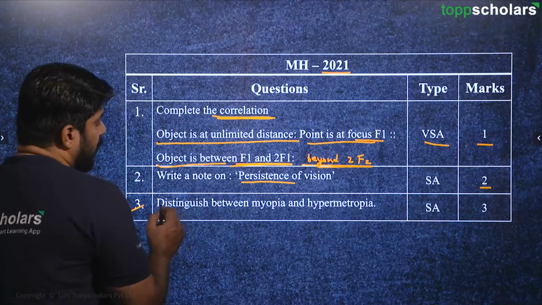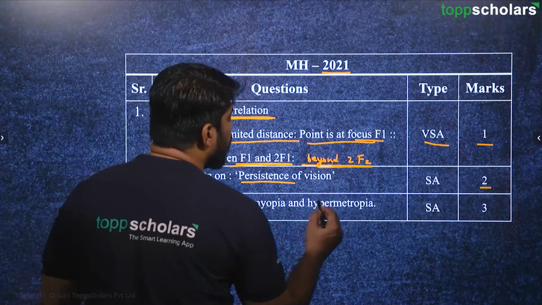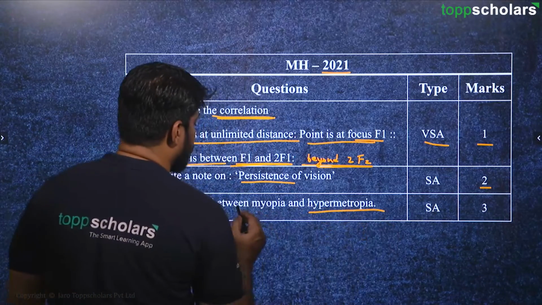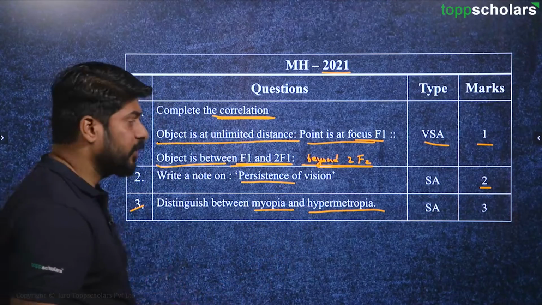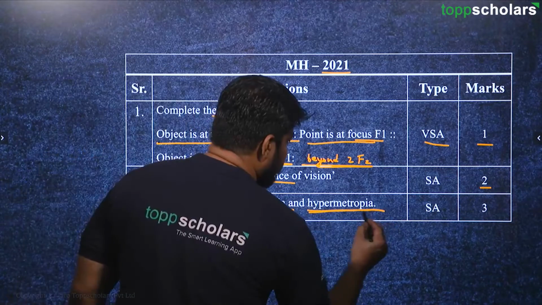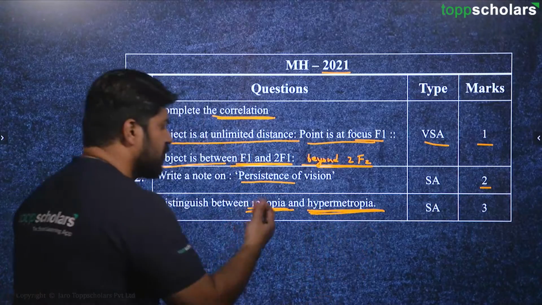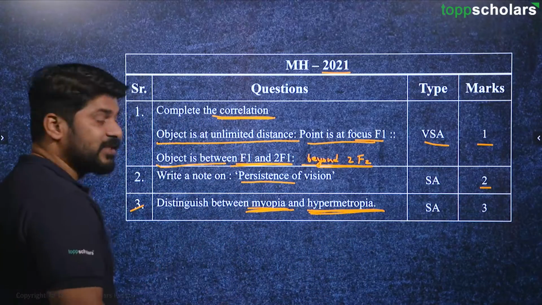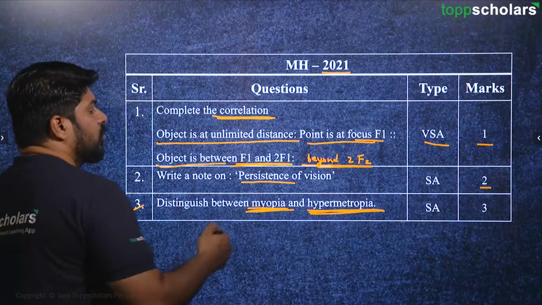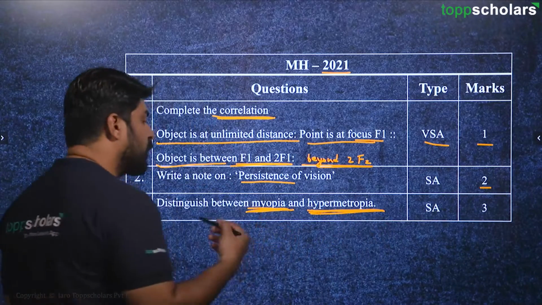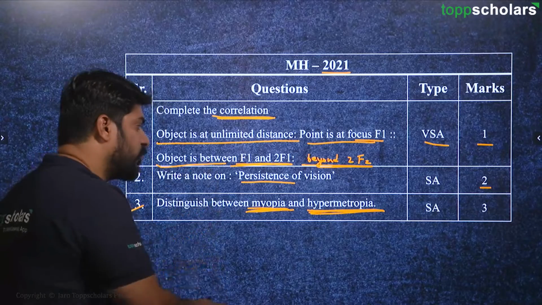Next is, distinguish between myopia and hypermetropia. So basically you have to talk about what these defects are. These are nothing but defects in our eyes. So what is hypermetropia and what is myopia? That is what you have to differentiate.